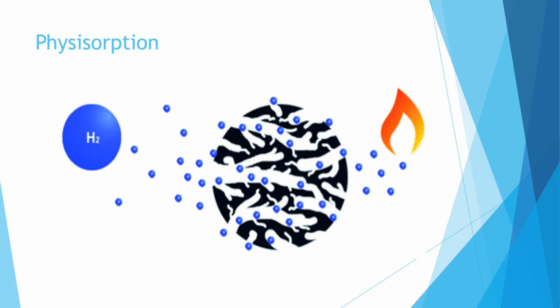A multilayer mechanism functions if the adsorption happens on an open surface, and volume filling would happen in a pore narrower than 2 nanometer.